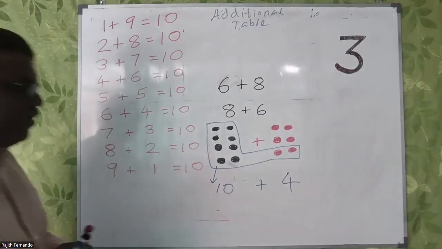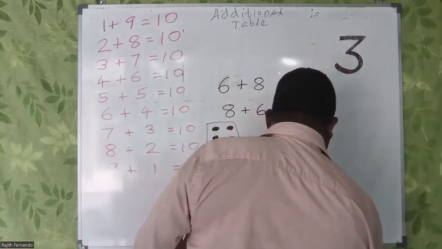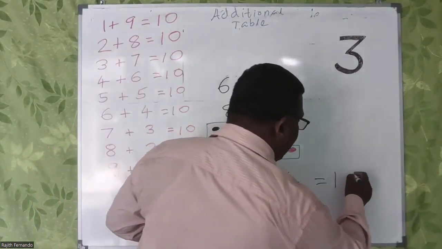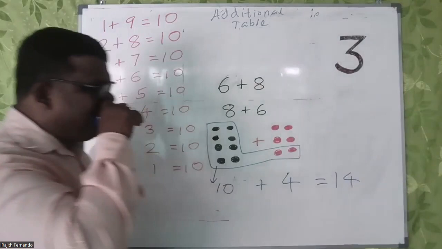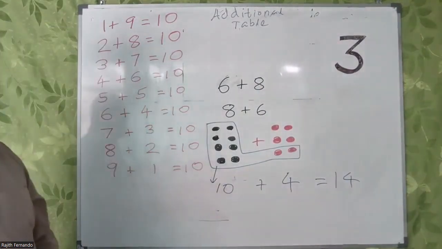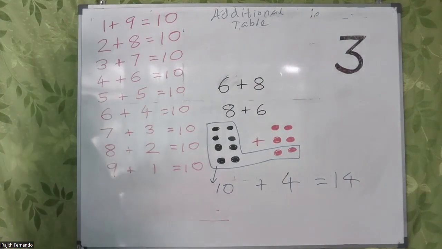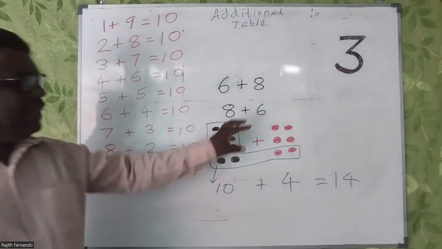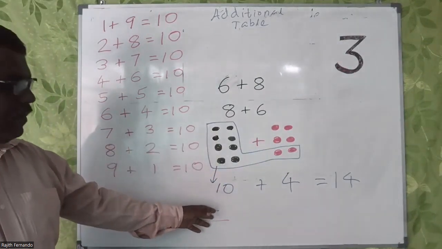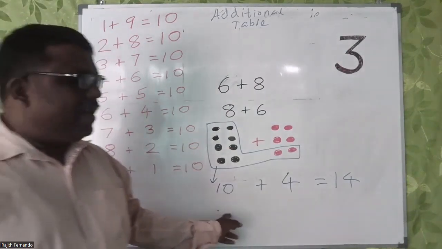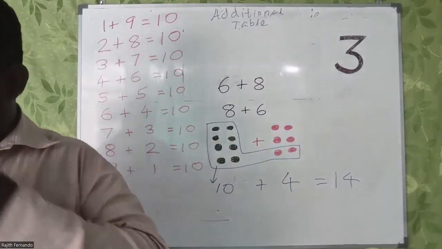You just write it down: the 1 is here and the 4 is here. Then you can easily get the answer, 14, because to 8 you add the 2 from that 6 to become 10, and there are also 4 remaining. Then you can say it's 14.